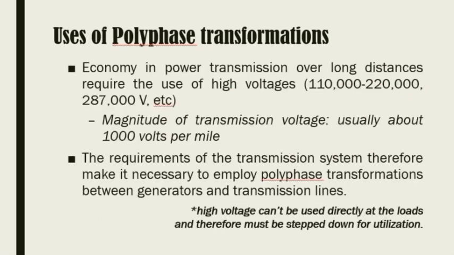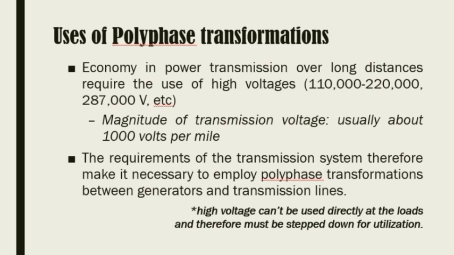For the next slide, it says here that economy in power transmission over long distances requires the use of high voltages. So, we have 110,000 to 220,000 volts, 287,000 volts, etc. And usually, the magnitude of transmission voltage is about 1,000 volts per mile.